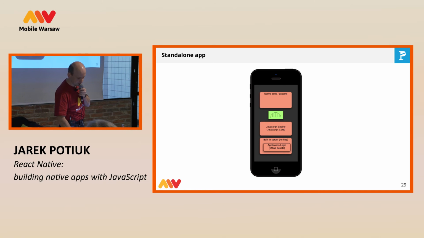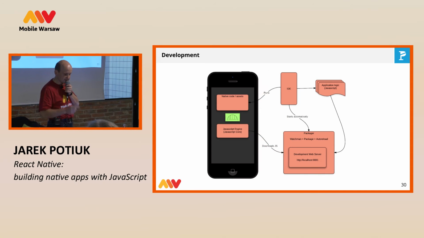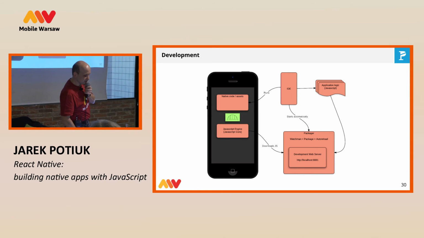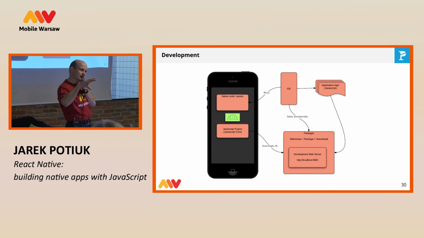That's fairly straightforward, simple. But what happens when you do development? It's a little bit more complex. Actually, this terminal that you saw, with some lines which were printed when we started the application, is a web server which reads the code from your local file system where you have the code and serves it to the application.